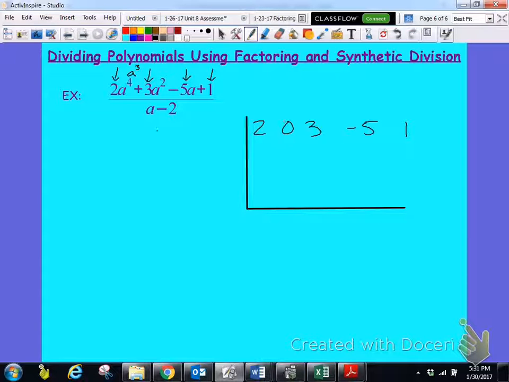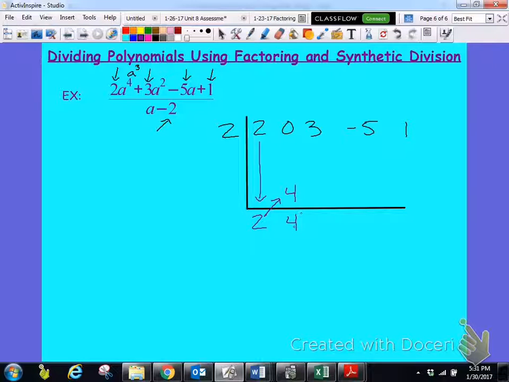Alright? And now I have to find the opposite of the number in the denominator so that negative 2 becomes a positive 2 when I bring it outside. And we start the process. 2 comes down and stays. Now 2 times 2 gives me 4. So I put a 4 here, and 0 plus 4 leaves me 4.